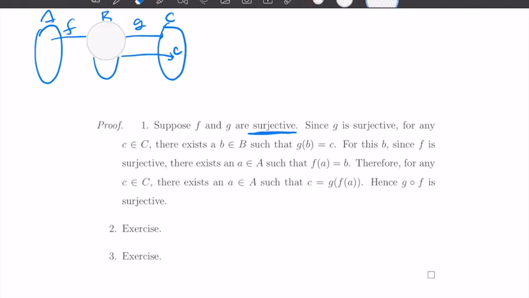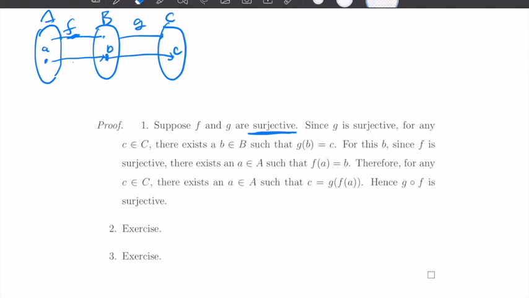But for this element, since F is surjective, there is some element in A, let's call it A, such that F of A is equal to B.